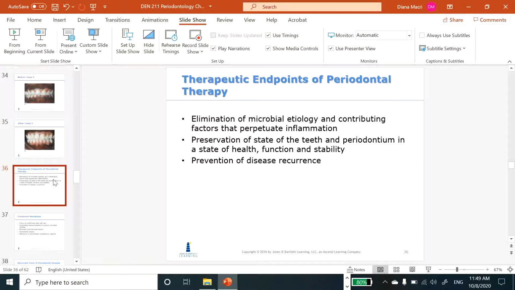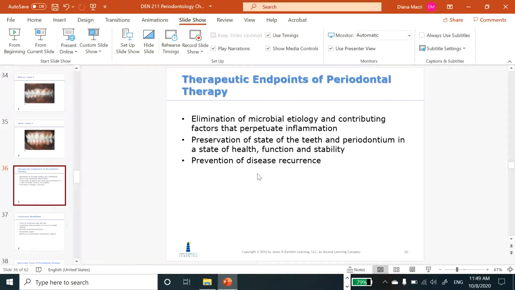Okay, so the therapeutic endpoints of periodontal therapy. Why are we doing all the things that we do? Home care and scaling and root planing and maybe even perhaps surgery. Well, we want to eliminate microbial etiology and contributing factors that perpetuate inflammation. This word eliminate, I really would cross out and say significantly reduce, because you can never remove all of the microbiota.